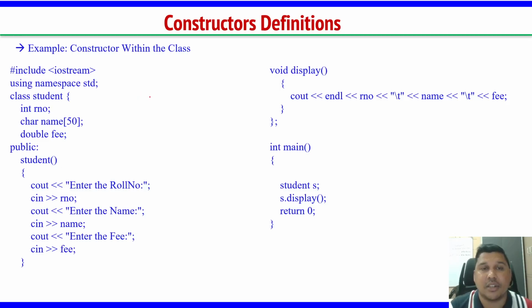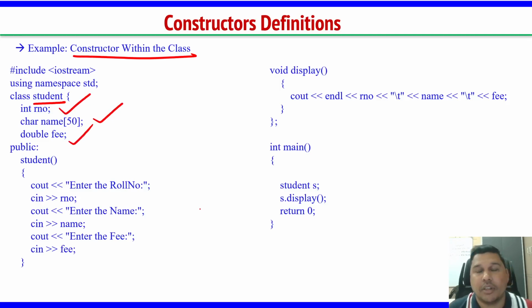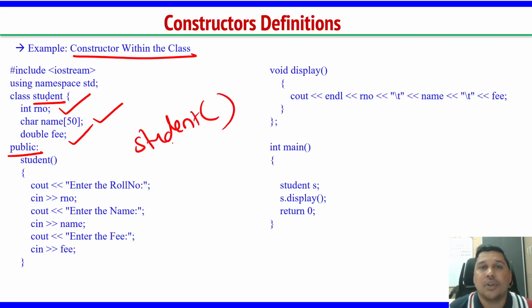Let's understand this very good example for a constructor within the class. I have a class student, I have variables roll number, name and fee. In the public section of the class, what is the name of the class? Student. I defined a constructor student with round brackets and flower brackets.